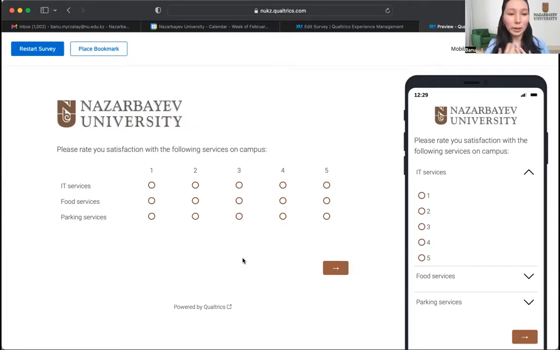So yes, Indika, I agree with you that the wording of response categories as it is might leave more questions rather than help the respondent to answer this question. Those are very good observations, indeed. So in the end, you need to consider the overall purpose of your survey.